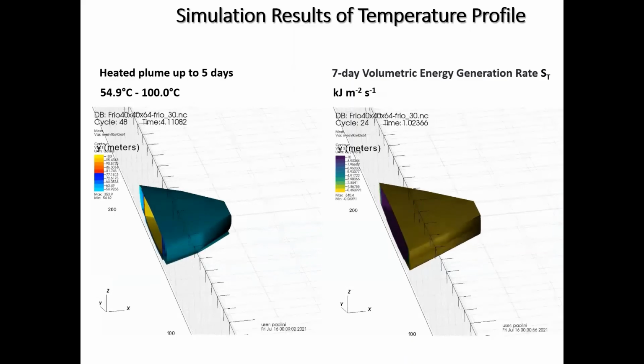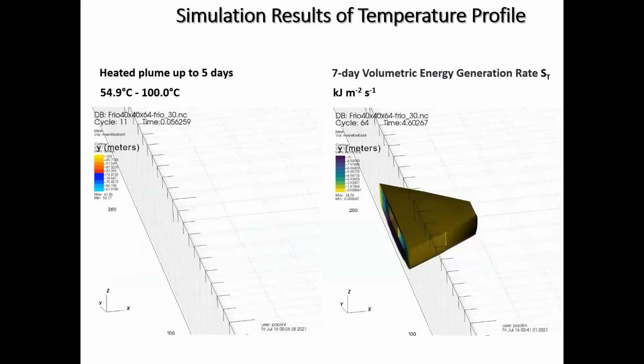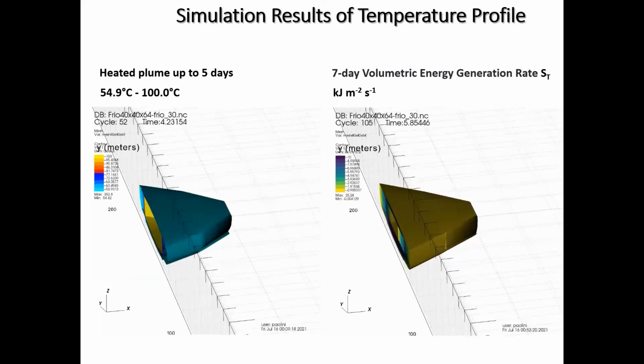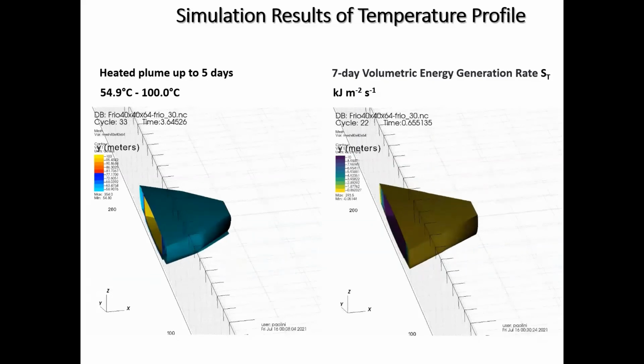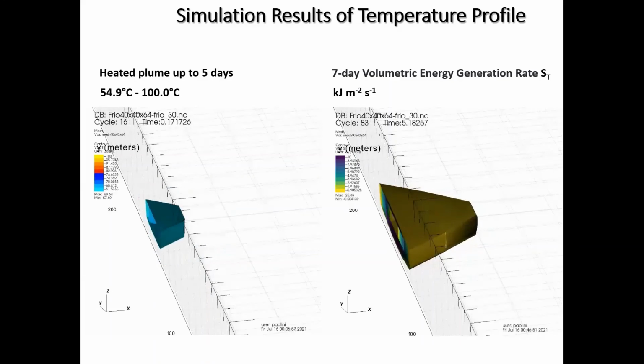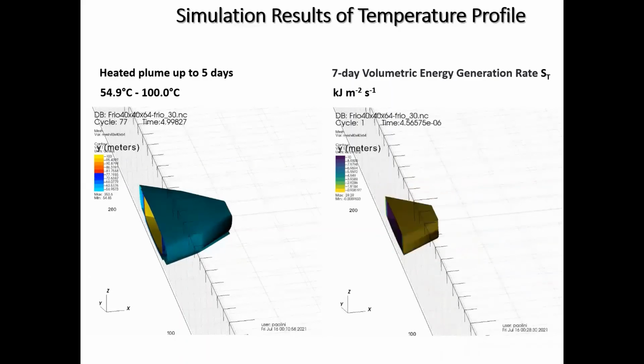Okay, so here are some plots. On the left, you see the temperature profile on our 40 by 40 by 64 grid cell. And on the right, you see the volumetric energy generation rate, that source term that has the HKF model built into it, right?